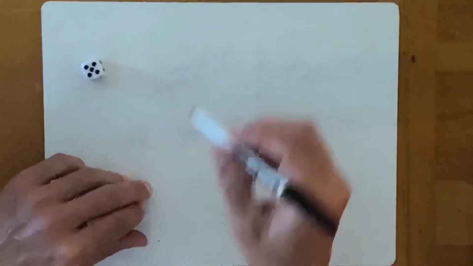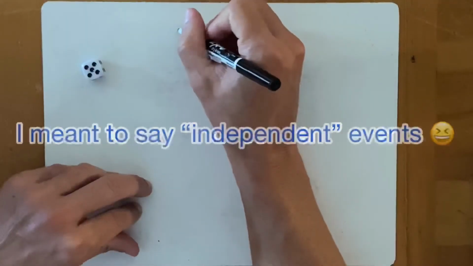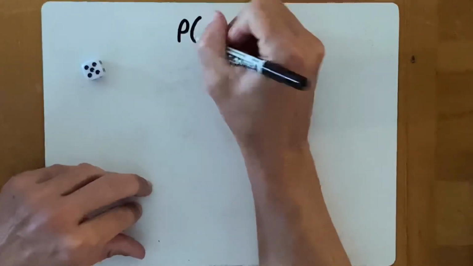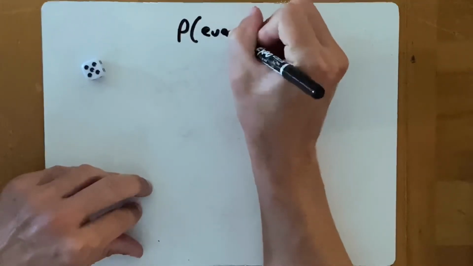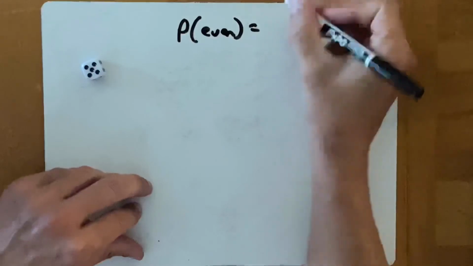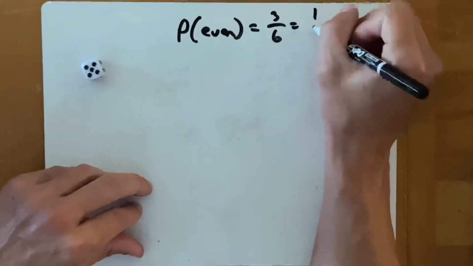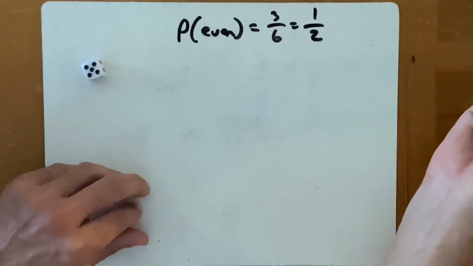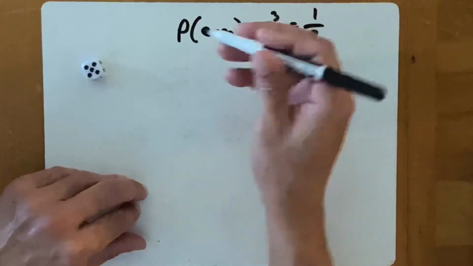So these are, again, independent events. We know the probability of, let's say, rolling an even number: there are 3 even numbers and 6 total sides, so we've got a 3 out of 6, or 1/2, probability of rolling an even. That's on the first roll.